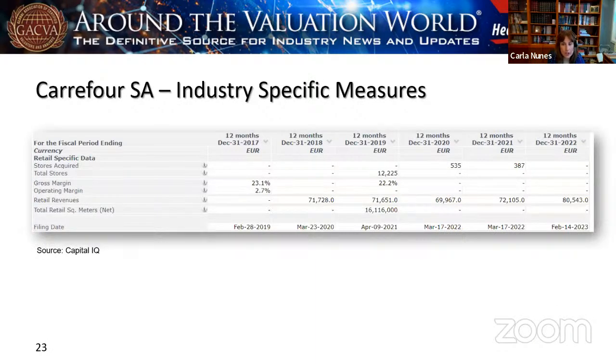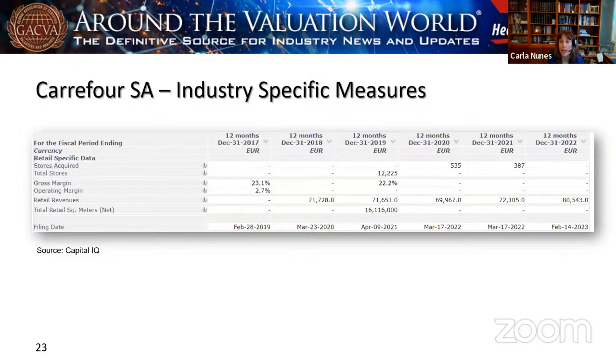Another metric to look at is industry-specific measures. So in the case of retail stores or supermarkets, you want to see the number of stores they have, right? But obviously, depending on the industry, it's going to be different things. It could be in pharma, how many products they have in the pipeline, or different metrics that are very specific to a certain industry.